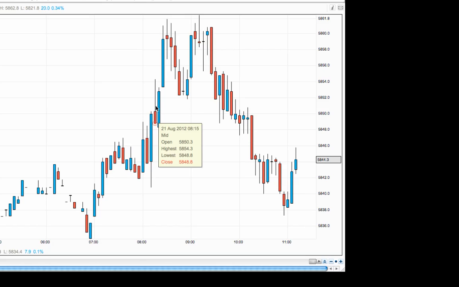and you would have put your stop 2 pips below the low of that bar initially. Once you've traded the length of the bar, which remember is 6 points, you would have come out of the trade at 5855.